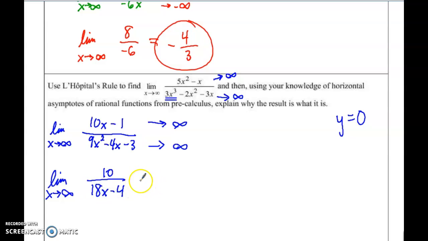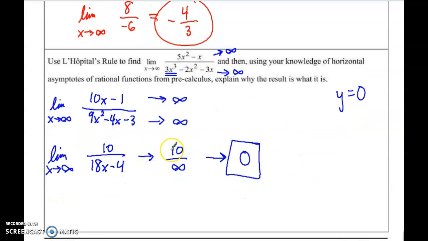Well, now what we have, still going to put it, is 10 over infinity. And as we get larger and larger numbers in the denominator, that's telling us that this function is getting closer and closer to 0. I always like to use the analogy, like, imagine that we had $10 to give to one person. Okay, well, that one person would get $10.